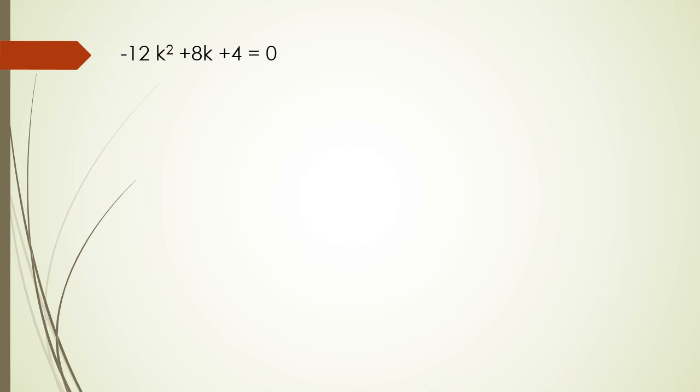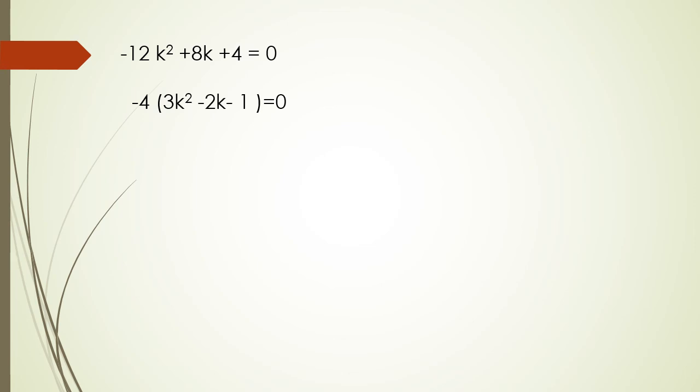Now students, we have the equation minus 12 into k square plus 8k plus 4 equals to 0. Further, we take minus 4 common from all these three terms. So the equation becomes minus 4 into 3k square minus 2k minus 1 equals to 0.